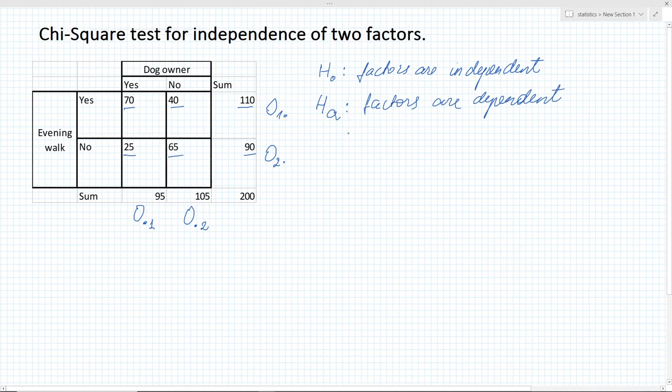And to test the null hypothesis, we first have to compute the chi-square test statistic, which can be computed using the following formula.